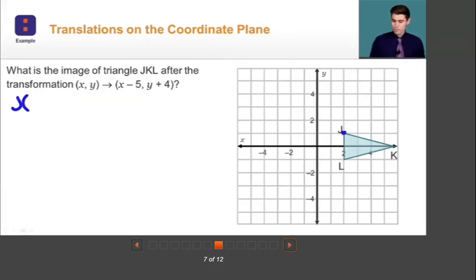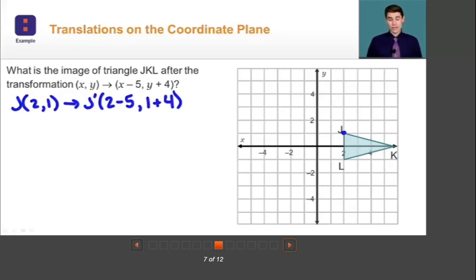Now J is located at (2, 1). I need to translate it now to J prime. So that's going to be at x, or 2, minus 5, and y, or 1, plus 4. If I simplify this, I now can see that J prime will be at (negative 3, 5).